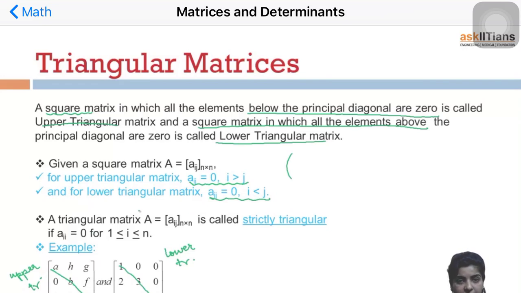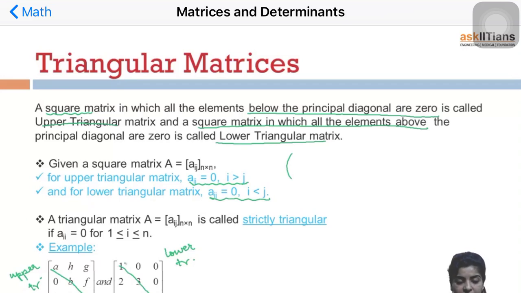Another important concept that we have here is a strictly triangular matrix. A triangular matrix is said to be strictly triangular if Aii is equal to 0 for every i, which means that all the diagonal entries are also zeros.